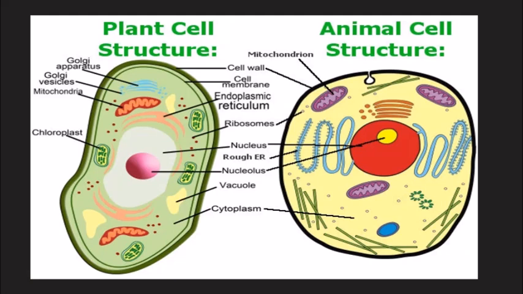Now one organelle you must have seen, that is the vacuole. In plant cell there is a huge vacuole, and in animal cell a very small vacuole is present. Now why is it so? Plants make their own food, so a larger amount of waste is generated, and to store the waste substance they have a larger vacuole. Now we animals cannot prepare our own food, so very little waste is generated in our body.